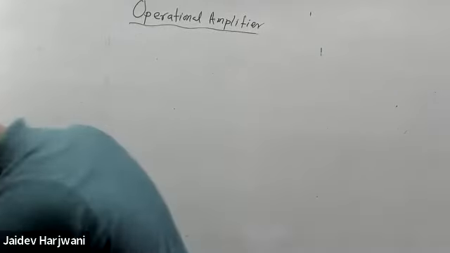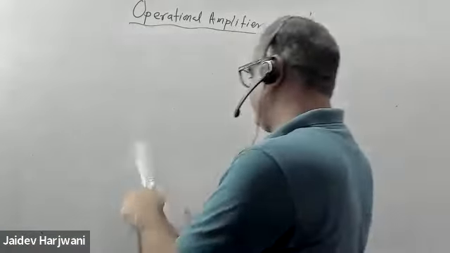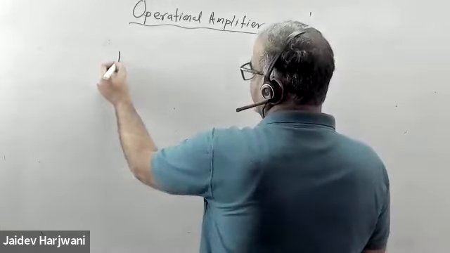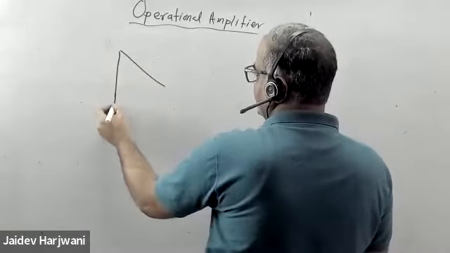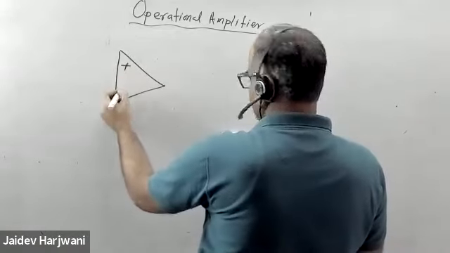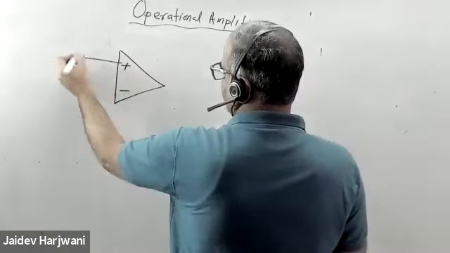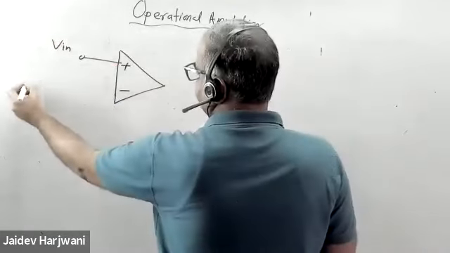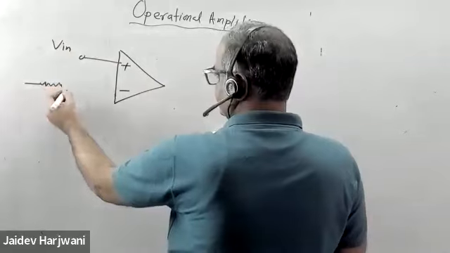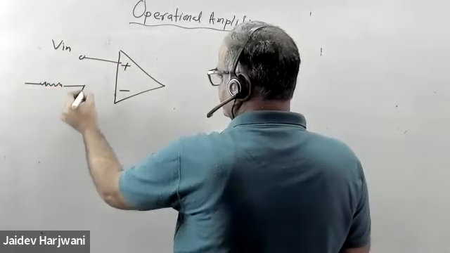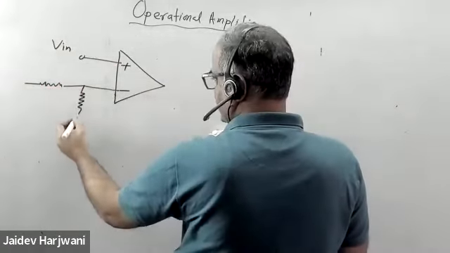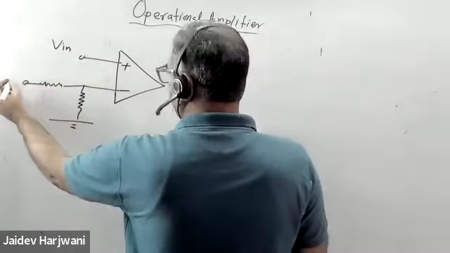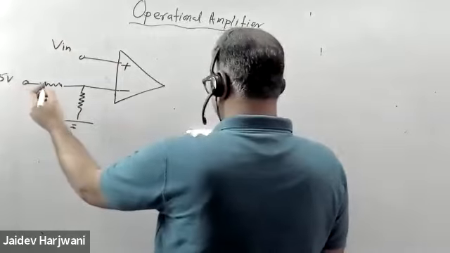Now suppose I'm giving you a problem which also came in an exam, based on the saturation property. You have been given this plus and minus terminal and you are applying some V input here. The inverting terminal is here, with a fixed 5 volt supply.